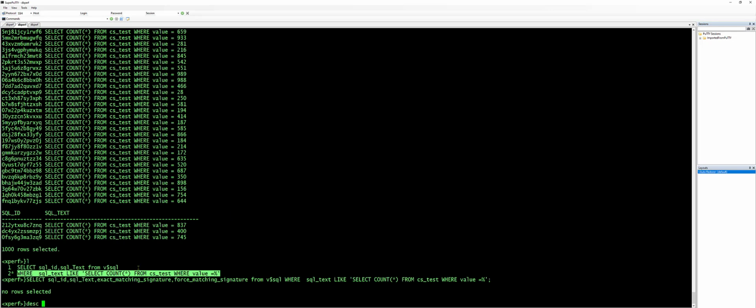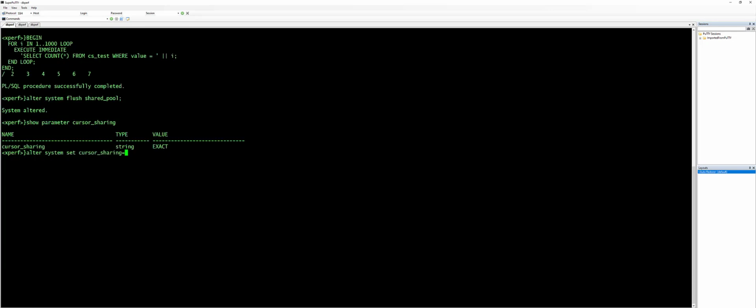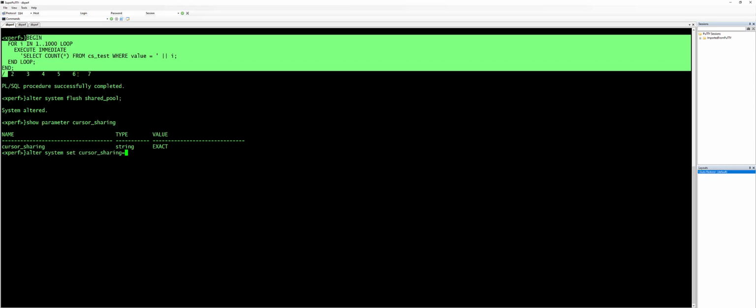Currently these SQLs are removed, so let me re-execute the SQL.